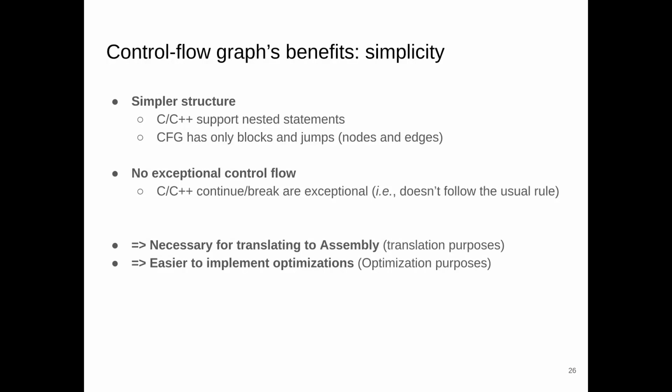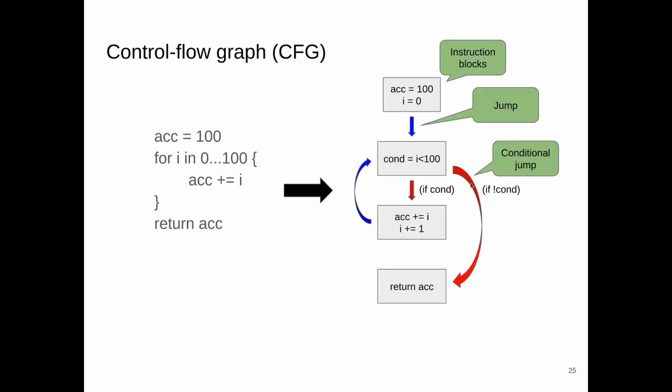So it is a little bit exceptional. But in CFG, you don't need to deal with such things. Everything is represented as a graph, and you can just compute some comparison condition here, and depending on the value of the condition, you can go anywhere in the program. So it is a little bit simpler in structure.